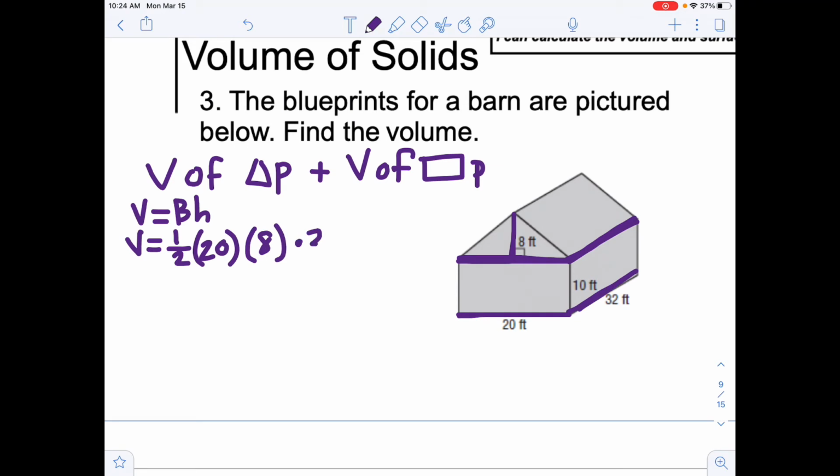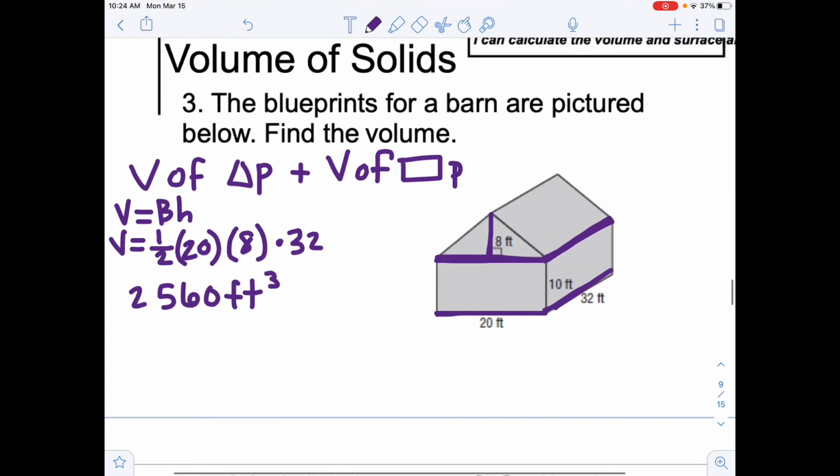Again, that runs parallel, so we know it's 32. Multiply all of this together in your calculator. I'm going to use 0.5 for 1/2. And I get 2,560 feet cubed. So there's the volume of my triangular prism.